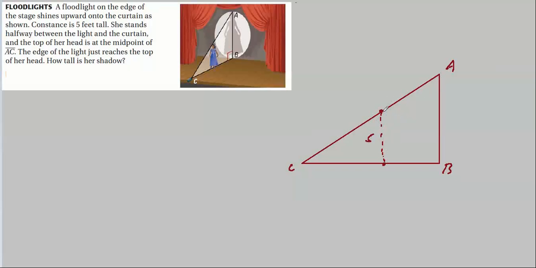It's halfway between the two, and it's parallel here, just like a mid-segment has to be. So this is a mid-segment. It's not like that other error analysis problem where the poor guy thought he had a mid-segment, but he didn't really have one. This really is a mid-segment, which means this is half of this, or this is double that. So her shadow is 10 feet tall.